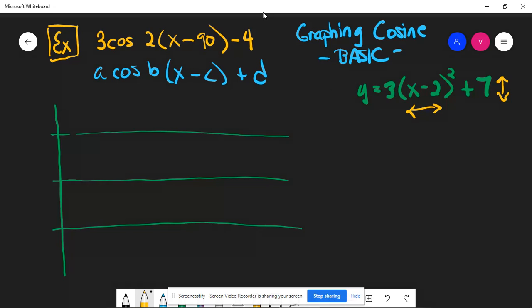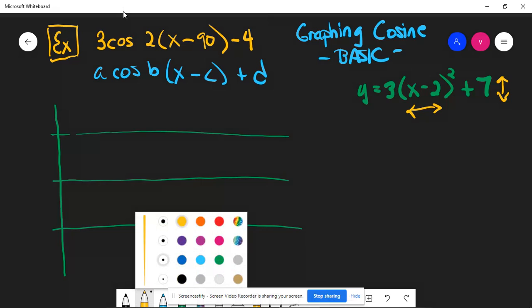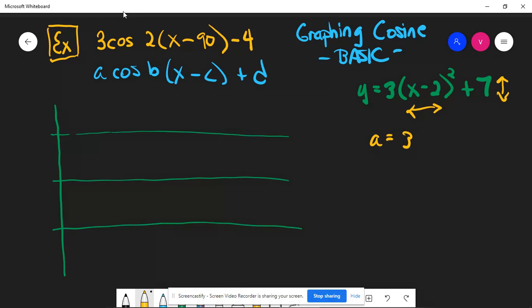So here's what we're going to do. We're going to write down each of our numbers here. So we have the A equals 3, right? The B equals 2. The C equals 90, right? X minus C. This is the C right here. And the D is equal to -4.